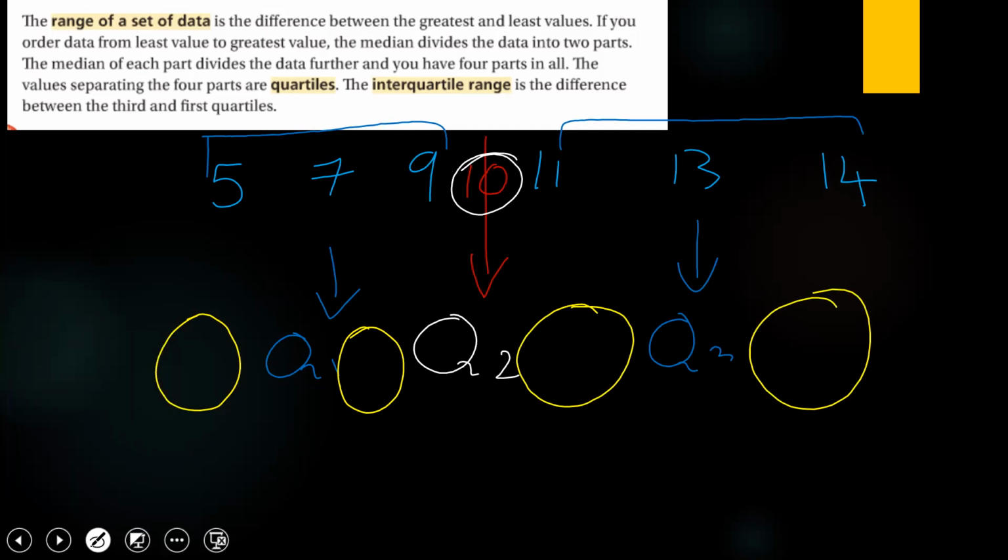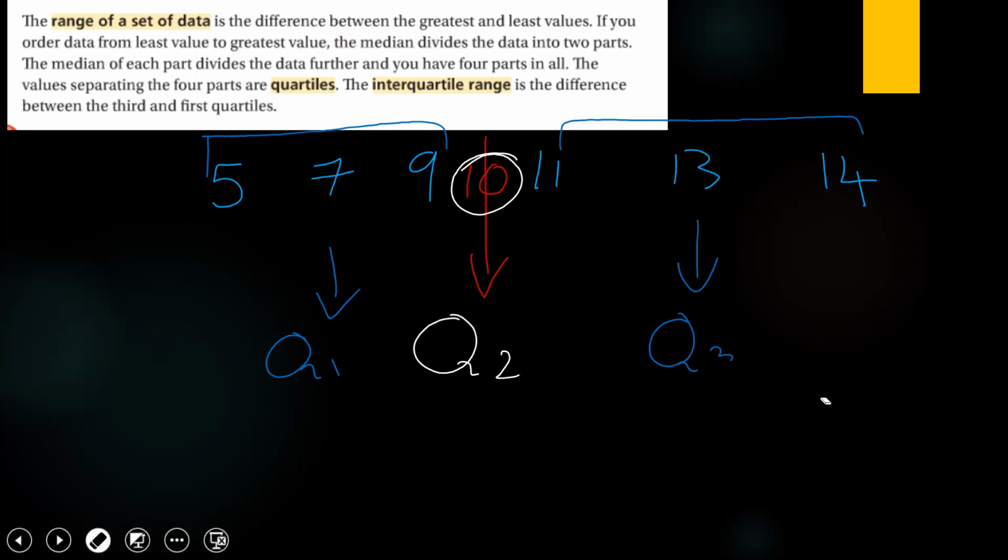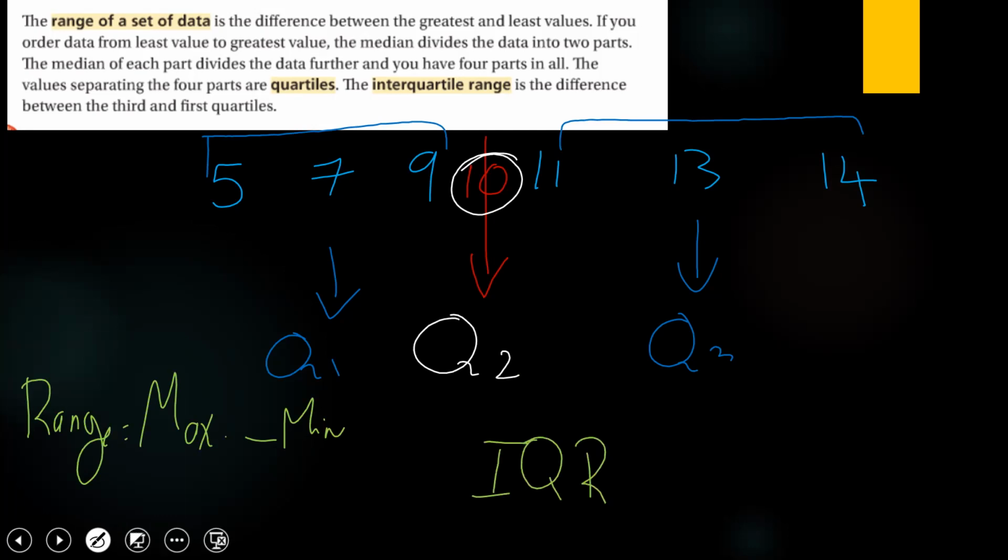Now, we said that the range is the maximum value minus the minimum. This is the range. Now, there's another one, which we call IQR, or interquartile range, which is Q3 minus Q1.